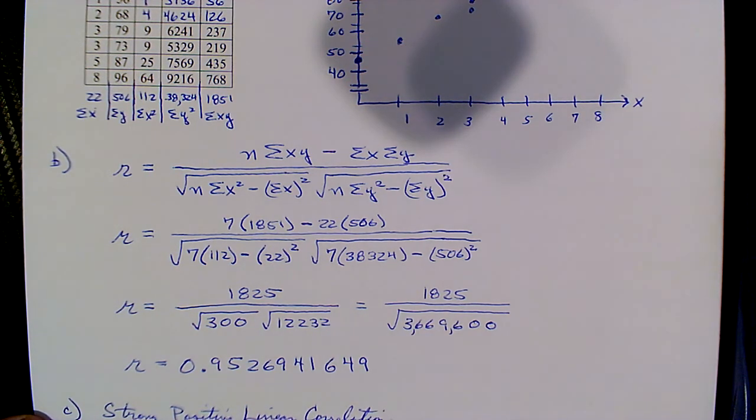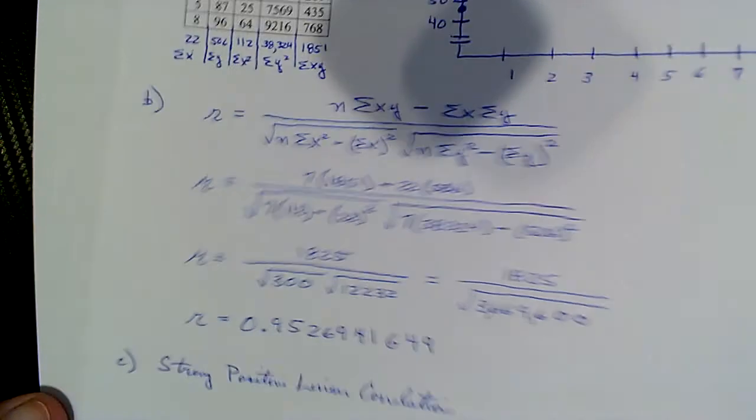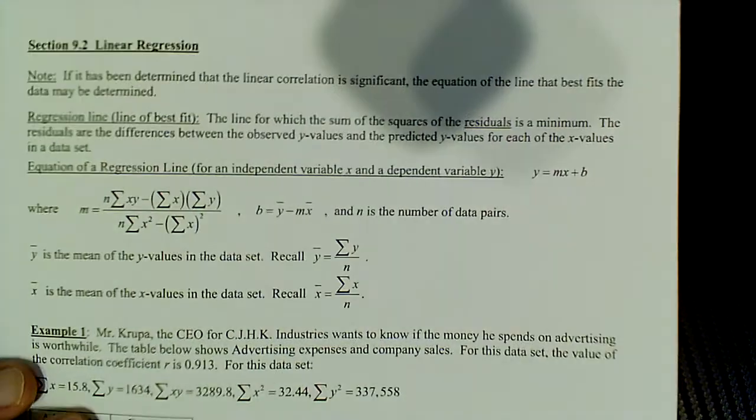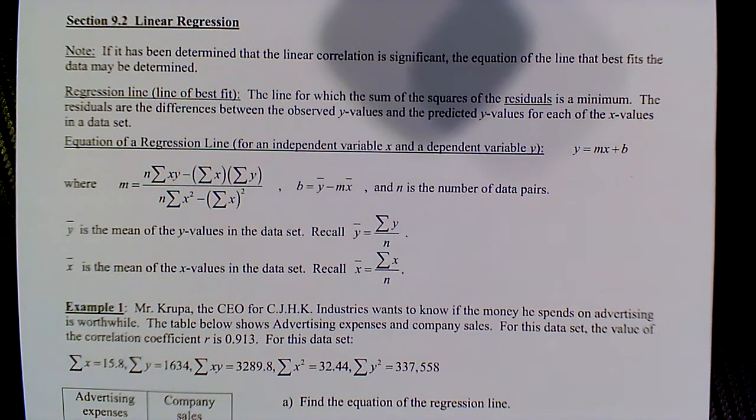Okay, so once we know that there's a correlation, then we can, this is the next section, 9.2, determine the line of best fit. That's what's called the regression line.